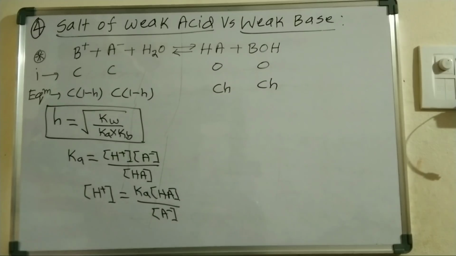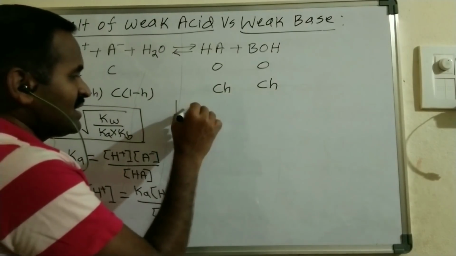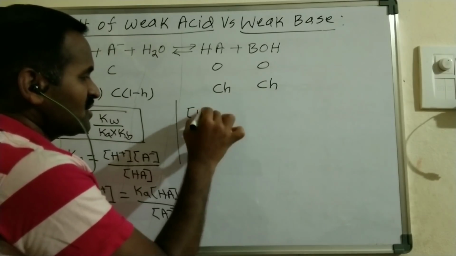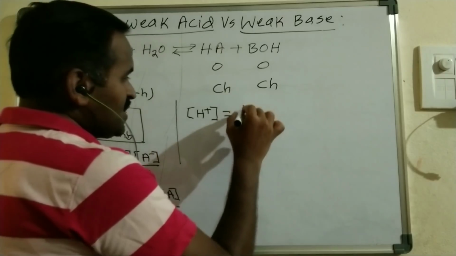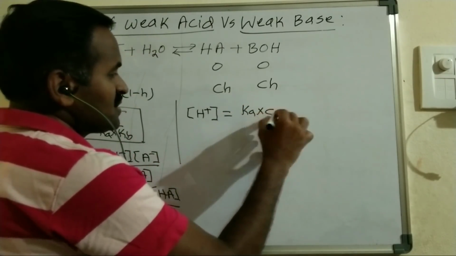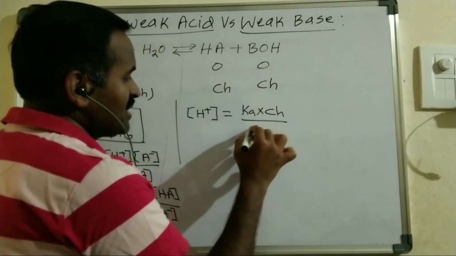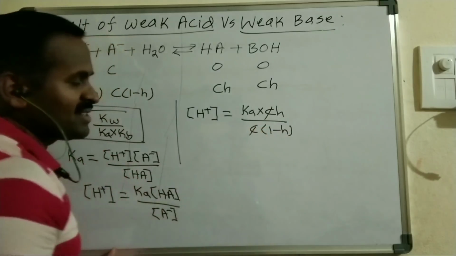You can substitute this HA concentration and A minus ion concentration also. Here HA concentration in this expression is Ch, and A minus ion concentration is C into 1 minus h. If you substitute this, H plus ion concentration is equal to Ka into Ch divided by C into 1 minus h, and C and C get cancelled here.